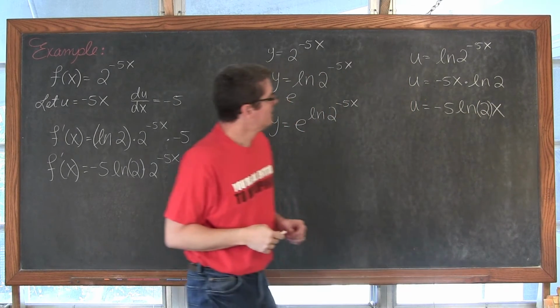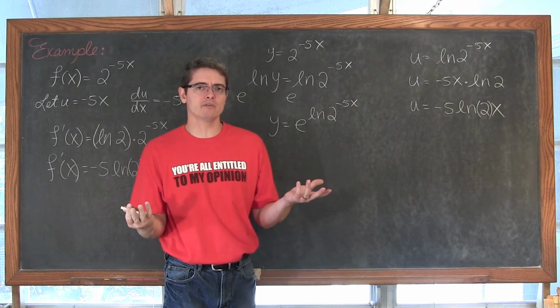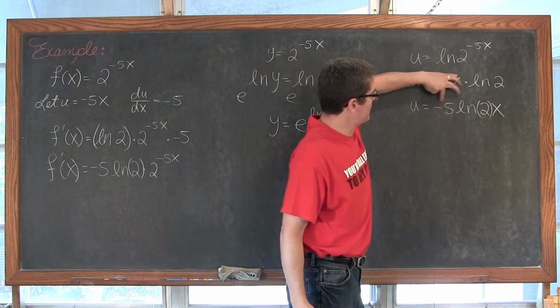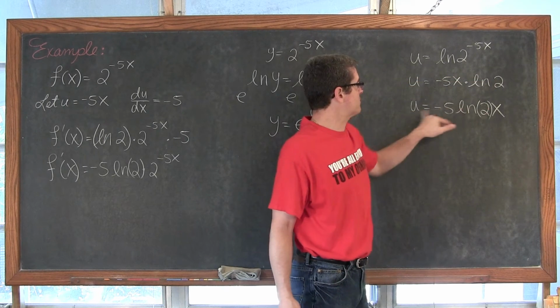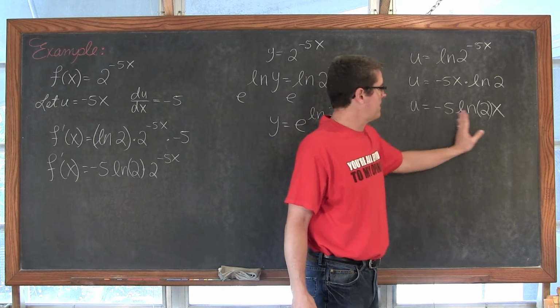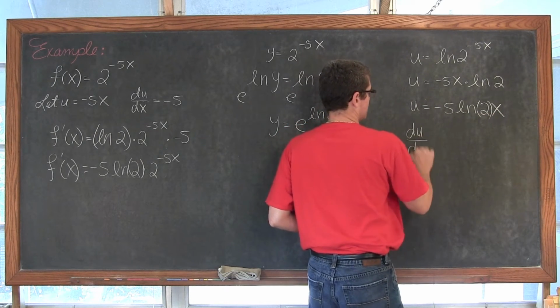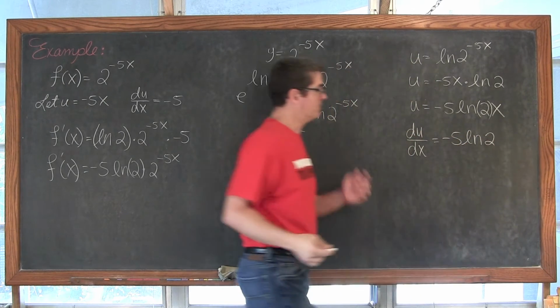Okay, so it's just like me asking you what's the derivative of 2x? Well, it's just equal to 2. So this whole negative 5 natural log of 2 is a coefficient of the x, so the derivative of u with respect to x is going to be negative 5 times the natural log of 2.